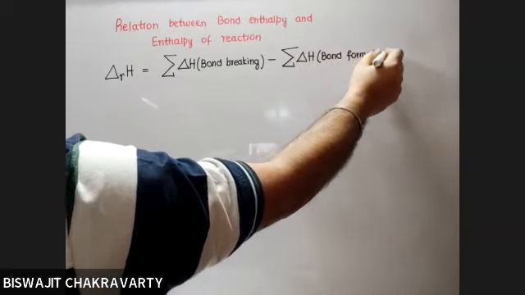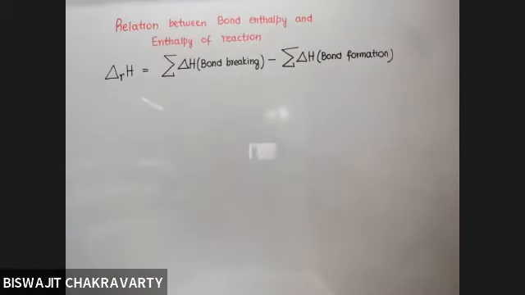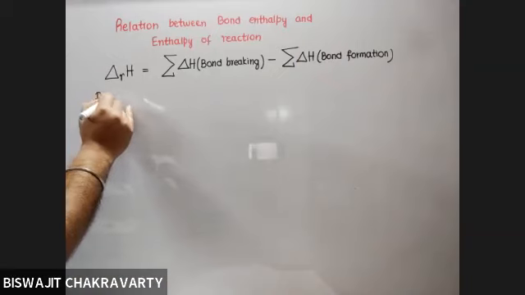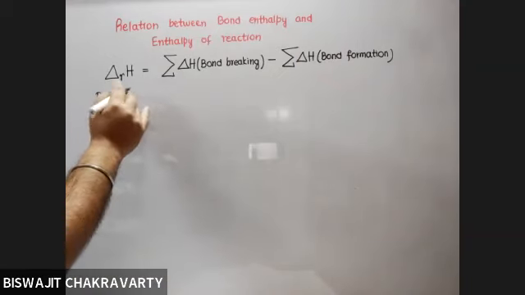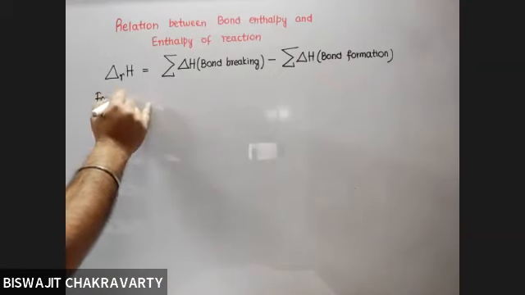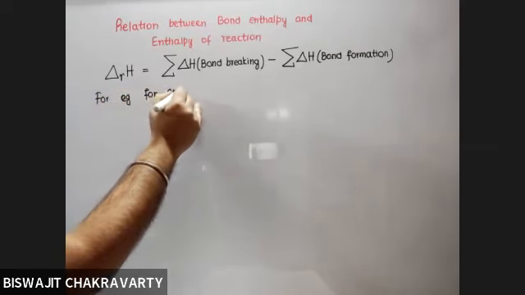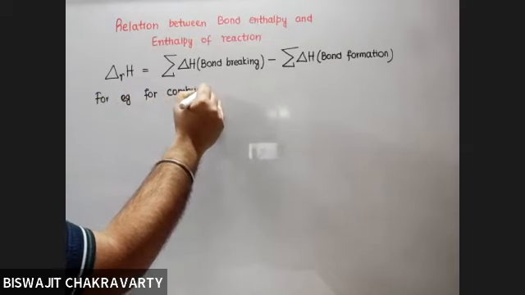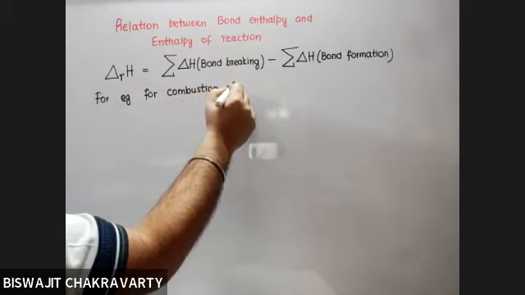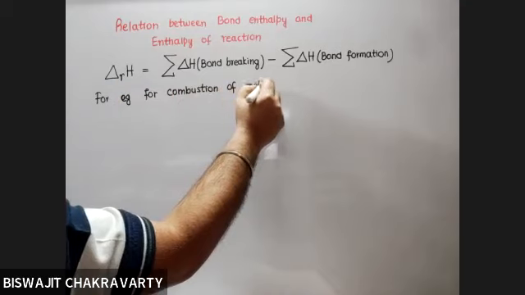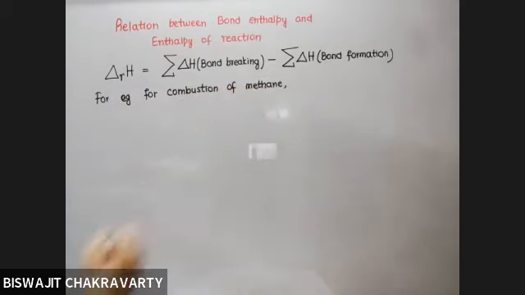This we have already discussed. So delta rH, or delta rH degree if it is standard. Say for example, for combustion of methane, you all are familiar with now what is combustion of methane.